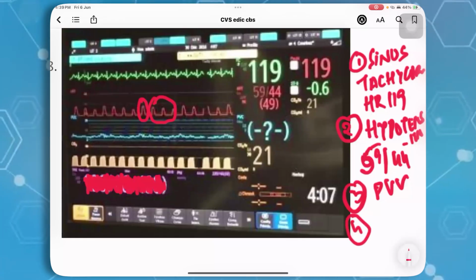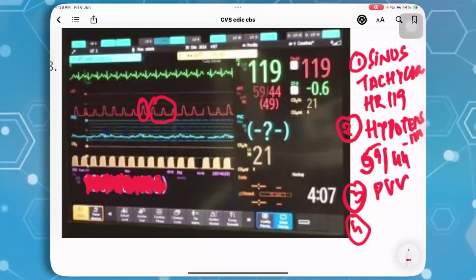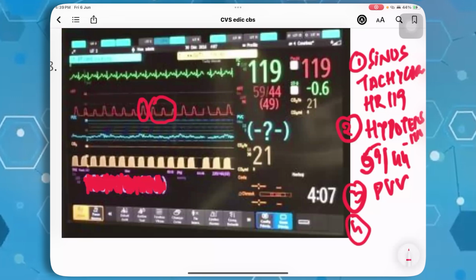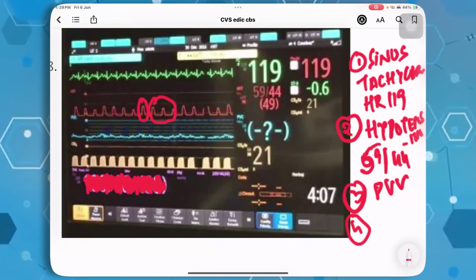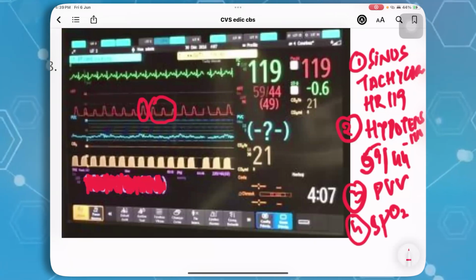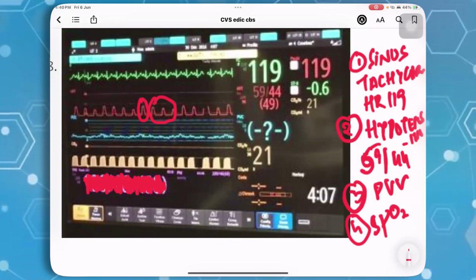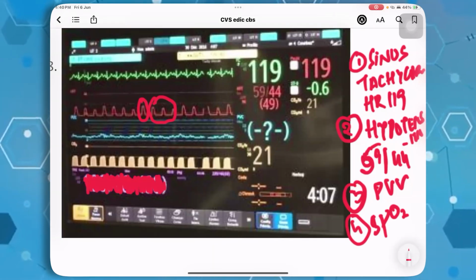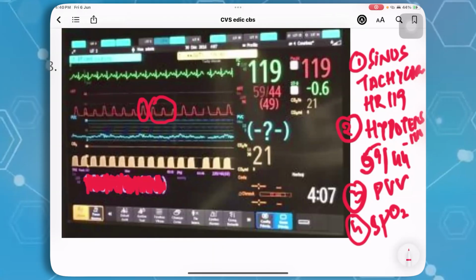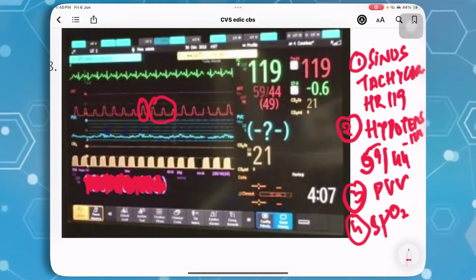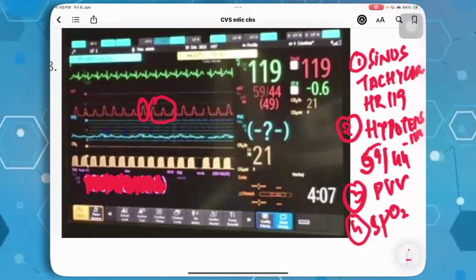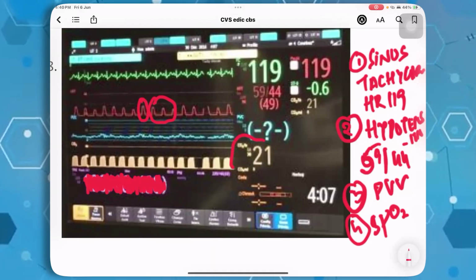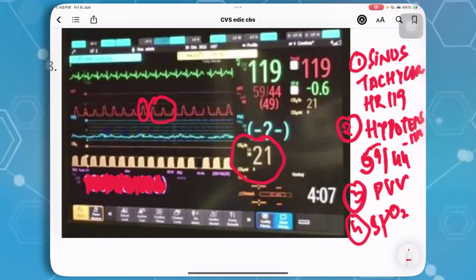Saturation is not recordable. So what do you think is the problem? Due to hypoperfusion, yes. So SpO2 cannot be measured because number one, there is no perfusion. Okay. Second, there are cold peripheries. What do you see in the respiratory rate? So the patient is tachypneic.